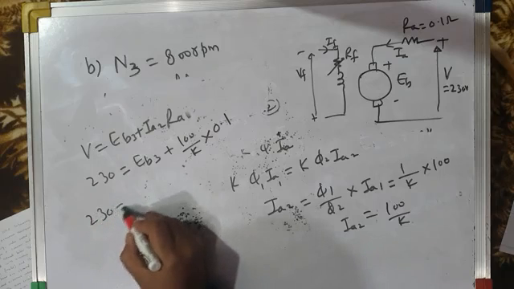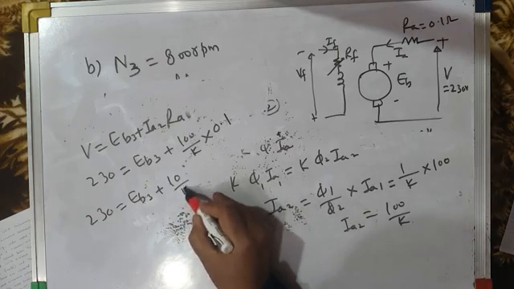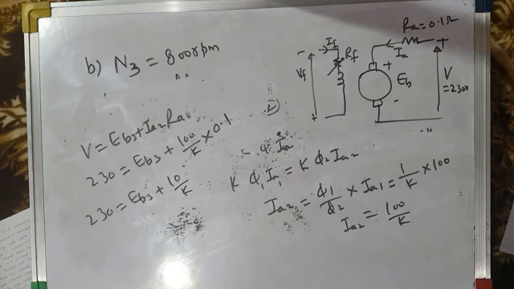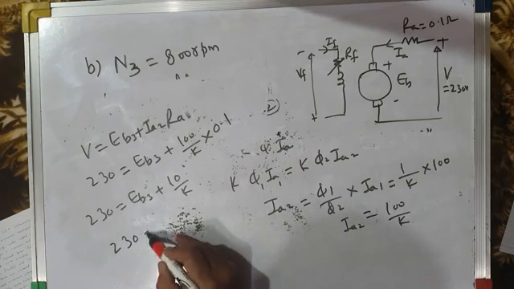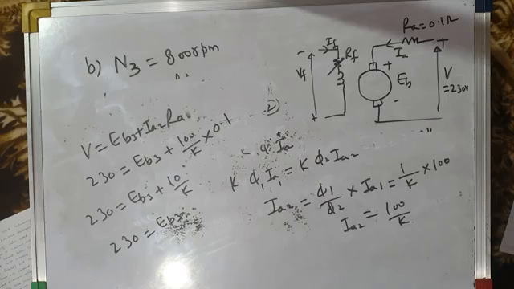So 230 is equal to EB3 plus 100 into 0.1, which is 10 by K. Ia2 into Ra2, Ia2 is 100 by K. So 230 is equal to EB3. Hold on, there is some mistake somewhere.